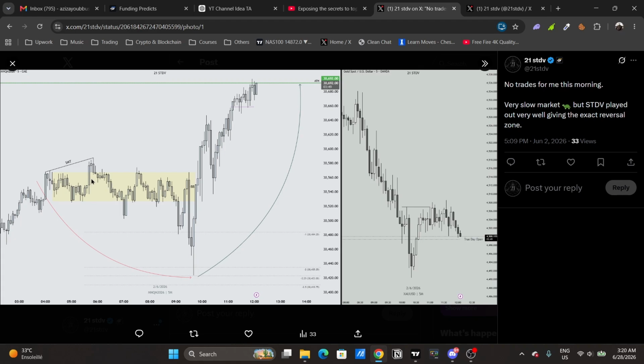You can see here that I had this SMT on the 5-minute. I marked out my standard deviations, my left side of the curve and right side of the curve, and my levels, and here it was the 2.25 level that gave this very strong bullish reaction, and flipped till all-time high.